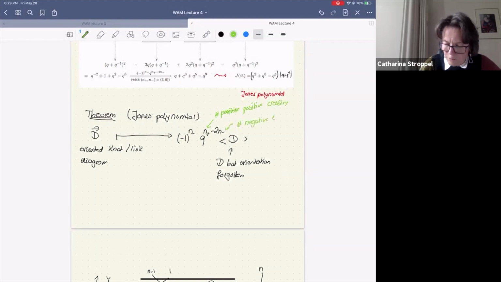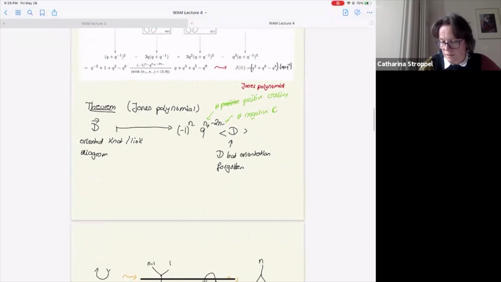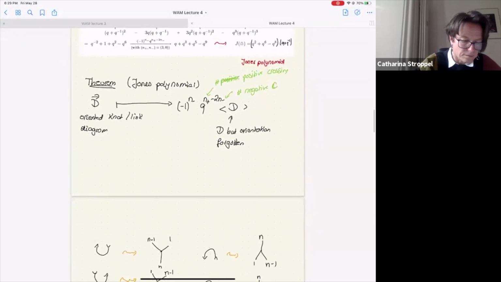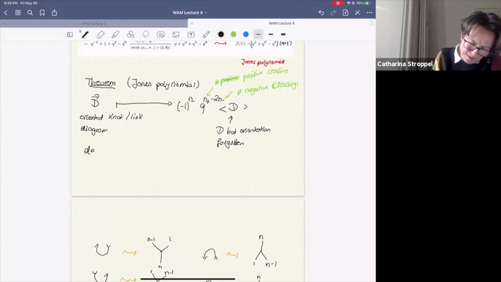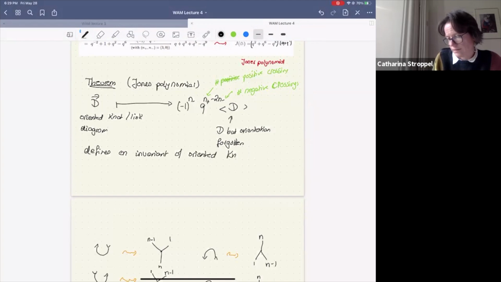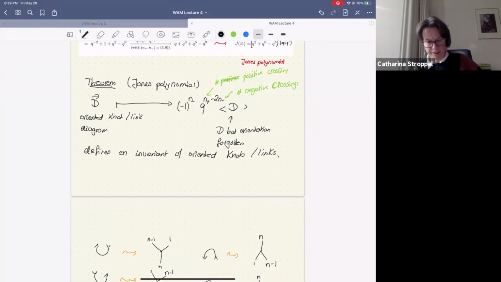And the statement is that this defines an invariant of oriented knots or links. So that means if we put in extra orientation, then we can fix this problem from above by some extra scalar which we put in.